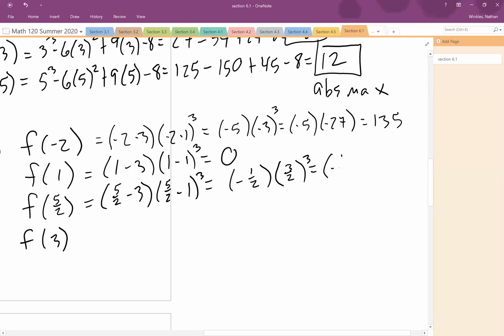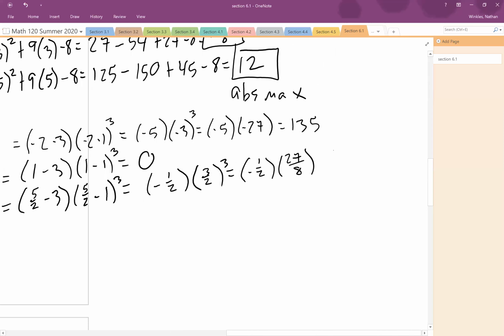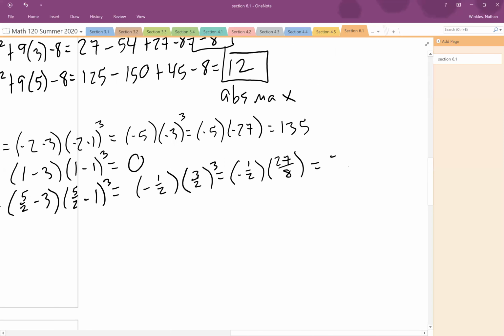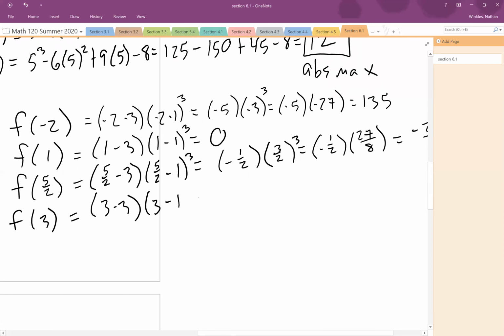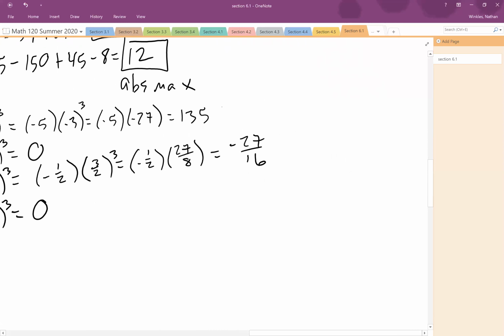So negative 1/2 times 27 over 8, which is negative 27 over 16. Plugging in 3, (3 minus 3) times (3 minus 1) to the third gives us 0. So in this case, this is our absolute max, and this is our absolute min.